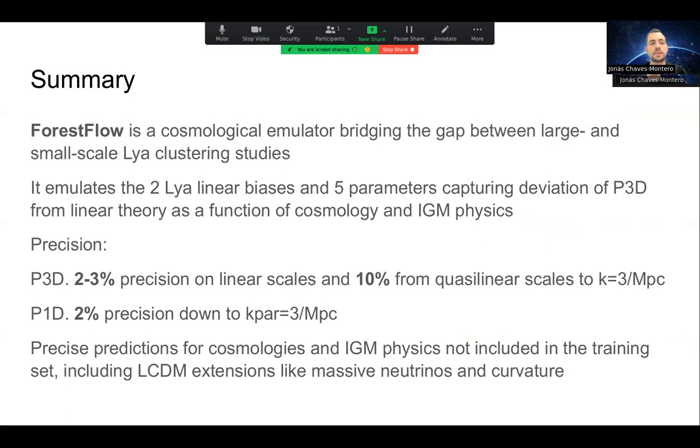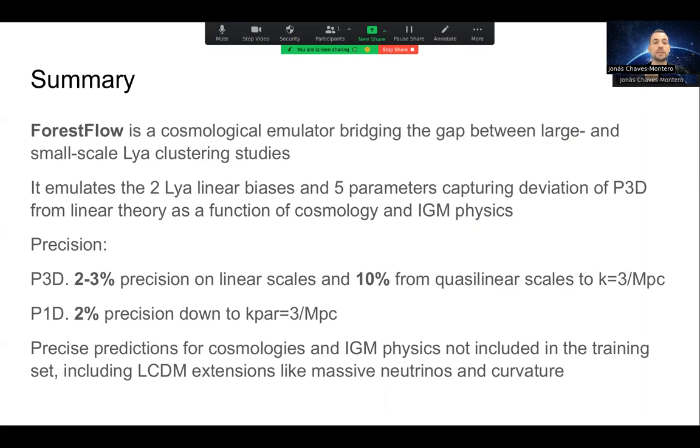And finally, the summary is that we have designed this emulator, ForestFlow, that is bridging the gap between large-scale and small-scale Lyman-α clustering studies. It emulates the two Lyman-α linear biases that set the large-scale behavior of the three-dimensional power spectrum, and 5 parameters capturing small-scale deviations from linear theory.